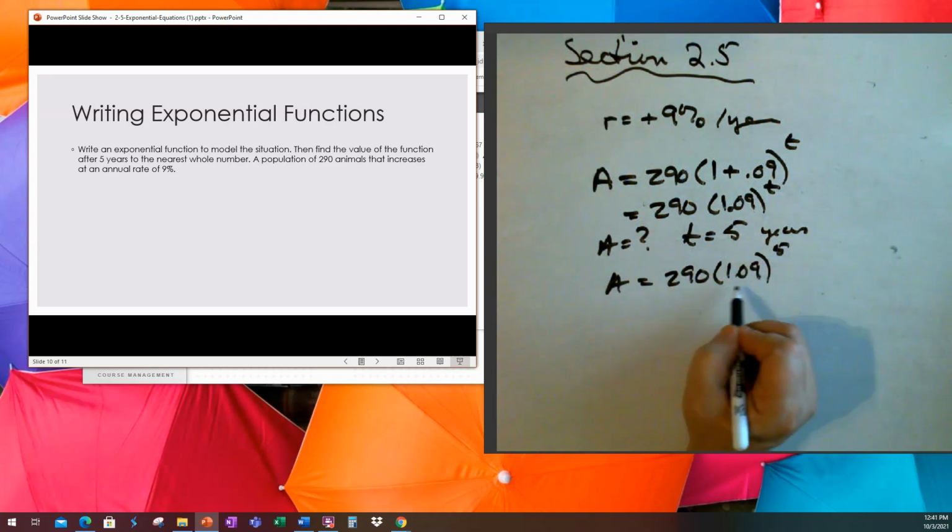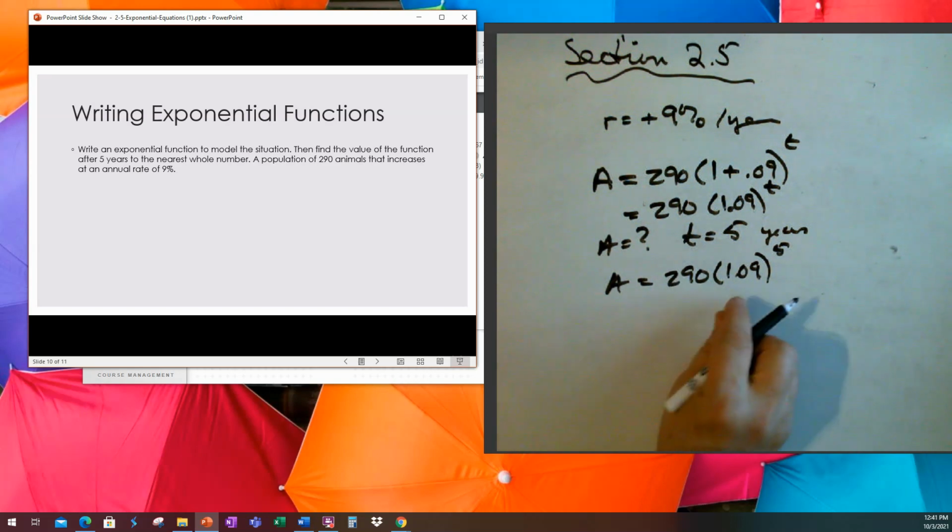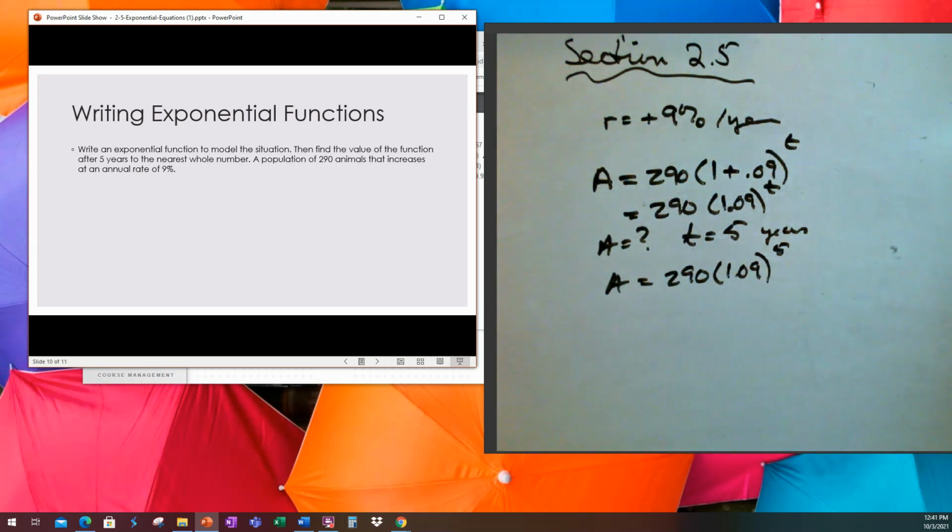We're going to do this on the calculator, and it's going to work that out for you. 290 times 1.09 raised to the 5th.